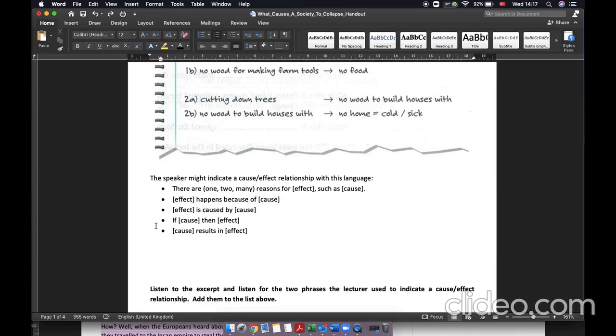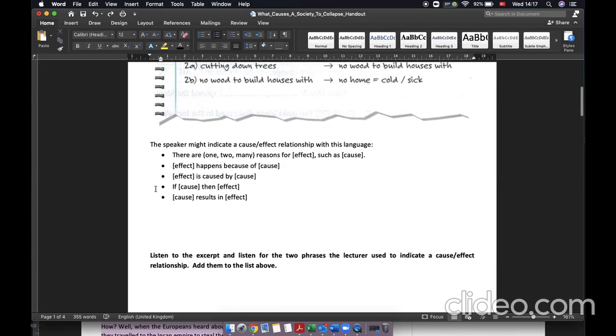And here, two more phrases. If climate changes, then desertification will happen. Or if climate changes, then desertification happens. And climate change results in desertification.